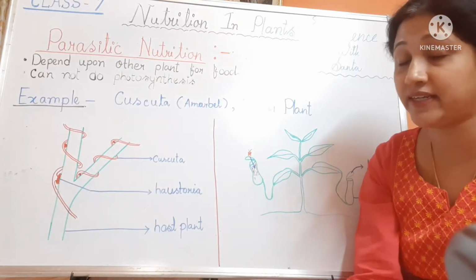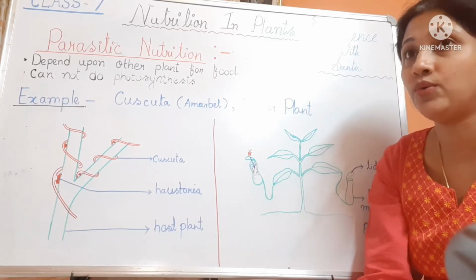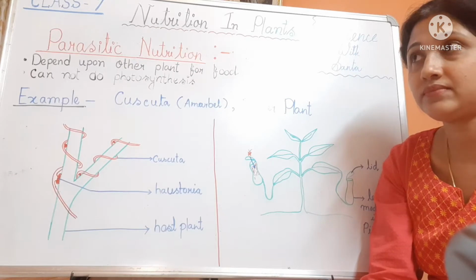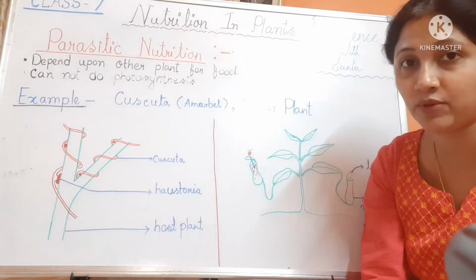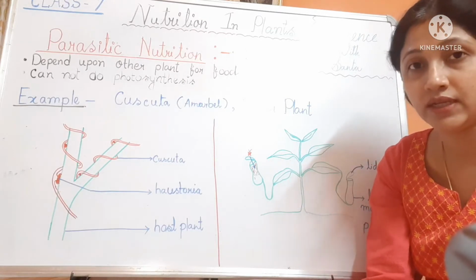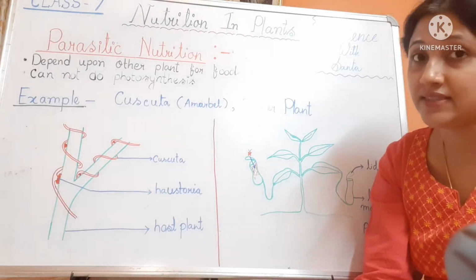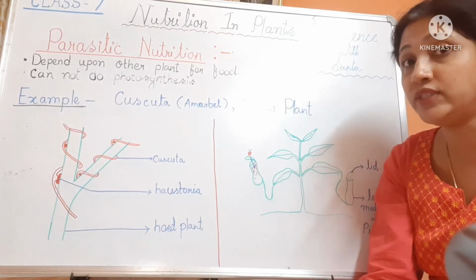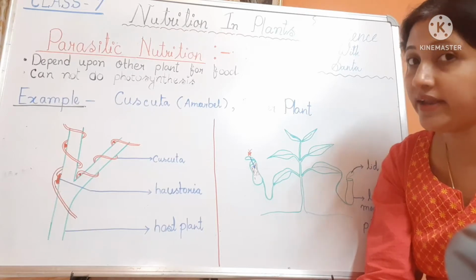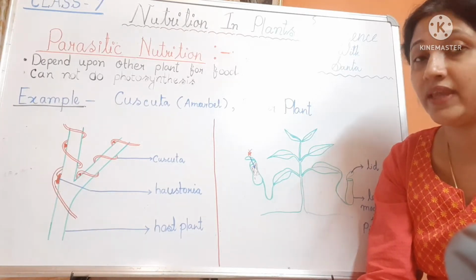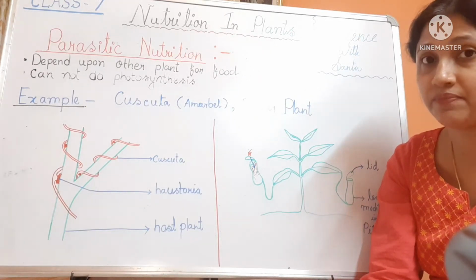So what is parasitic nutrition? As we all know, animals and human beings are all dependent upon plants for food. Like us, there are some plants which cannot do photosynthesis and they are heterotrophic. They follow heterotrophic nutrition.